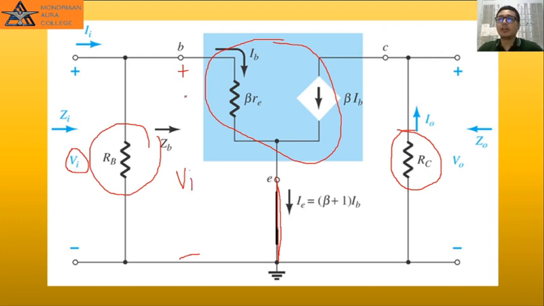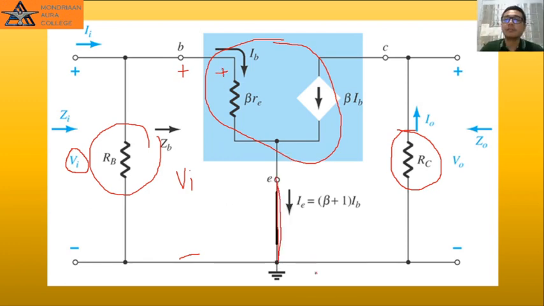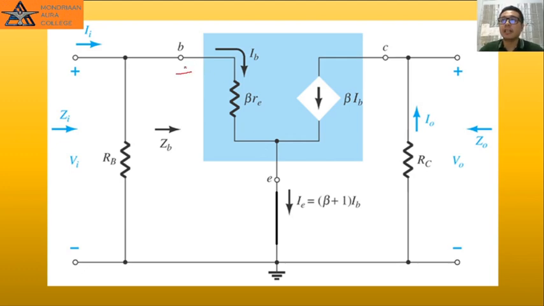Alright? So, anong nakikita ba natin na resistance dito sa part na to? Hindi ba't yung beta RE lang? Kasi nga yung ating R sub B kanina, na-short out na because of the bypass capacitor under AC conditions. Therefore, ang ating input voltage is directly applied to your beta R sub E. Ang magiging voltahe natin dito sa part na to, so let me just erase this part, para makita natin, this is V sub I. And also, this is V sub I then.